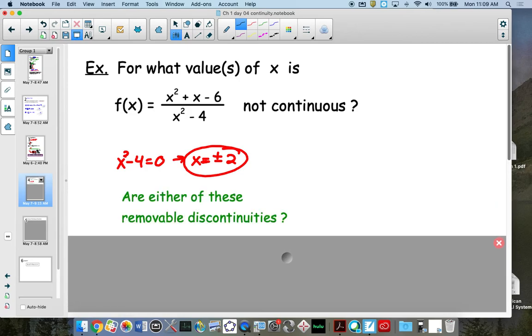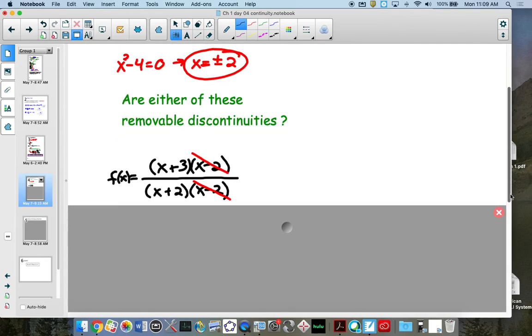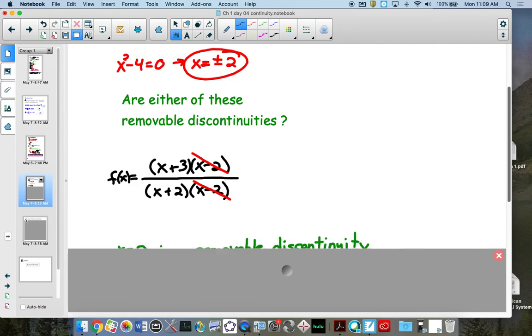Are either of these removable discontinuities? Well, once again, let's try and factor and see if anything cancels. If a factor in the denominator cancels, then it's just a hole in the graph and we can fix that. So when you factor this, the x minus 2 cancels, which means at x equals 2, there's a hole in the graph, so that's the one we can fix.